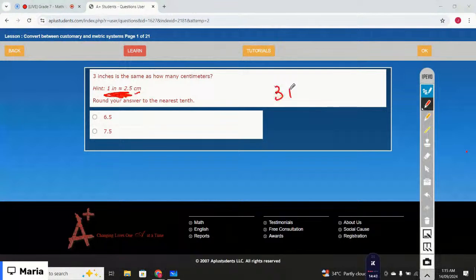You have 3 inches, so you have to do 3 times 2.5. So 3 times 2.5 is 7.5. The correct option is 7.5 centimeters. The correct option is option number 2, that is 7.5.